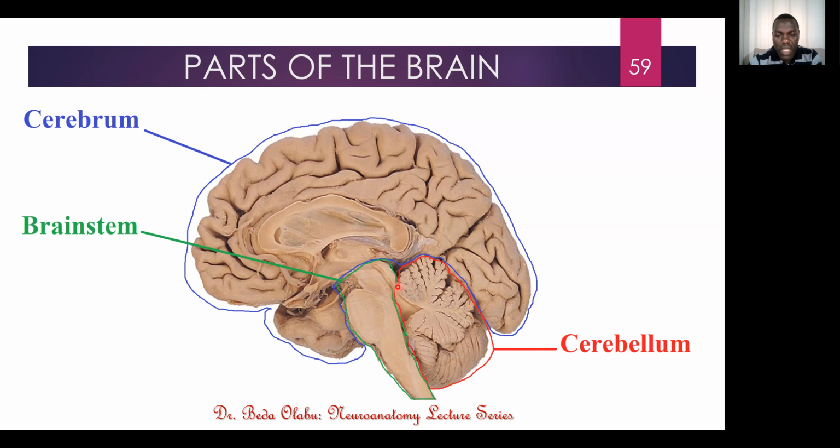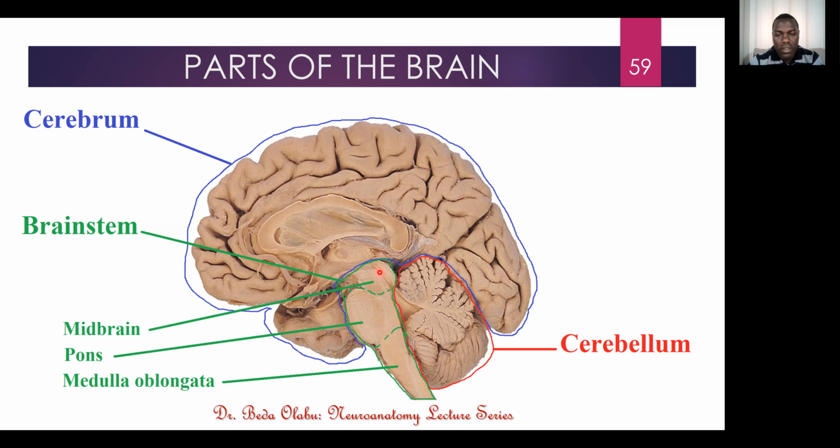And the region outlined by the green is what we call the brainstem. We further stated that the brainstem has 3 parts. That small part up there is what we call the midbrain. And then this one here in the middle is what we call pons. And the one below is what we call medulla oblongata. The medulla oblongata is the one that continues with the spinal cord.